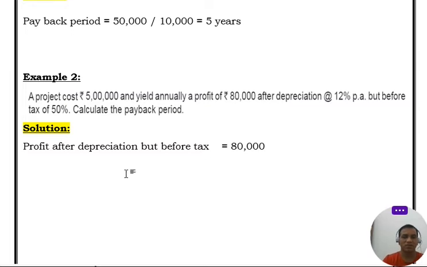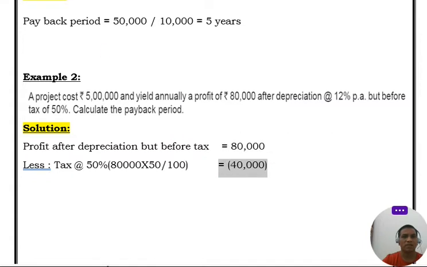So from this, you have to deduct tax at the rate of 50%. That is how you will get the tax value. 80,000 multiplied by 50 over 100. That is, tax is equal to 40,000. This you have to deduct. Since you are deducting, I am keeping it in brackets.